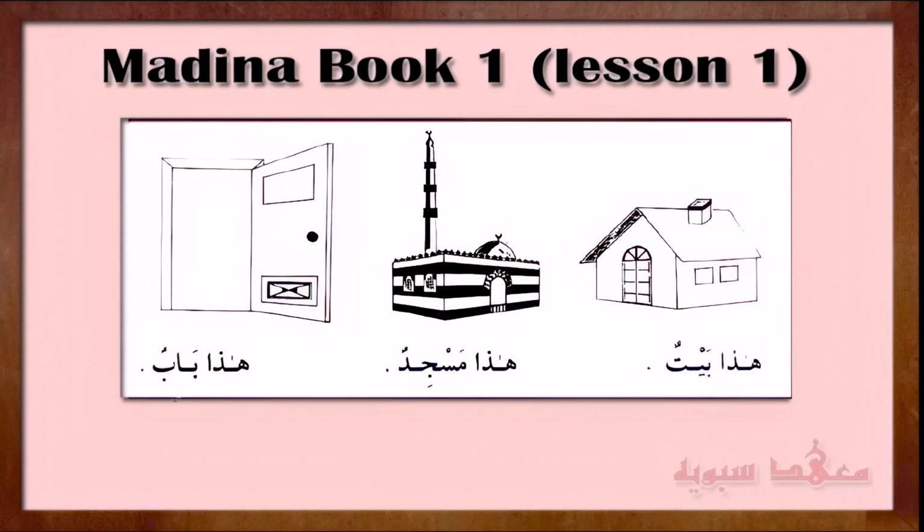If, on the other hand, you want to point to a specific house, for example, the house of Muhammad, and you say, Aina Baytu Muhammad, where is Muhammad's house? You wouldn't respond, Hadha Baytun. You'd respond, Hadha al Baytu.